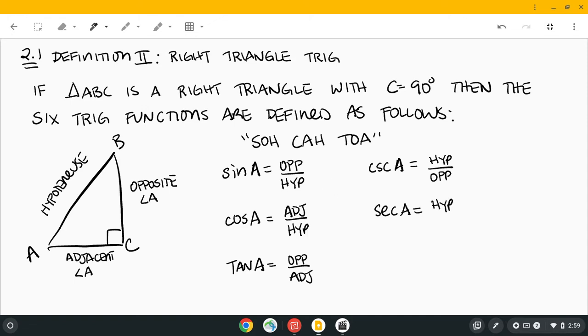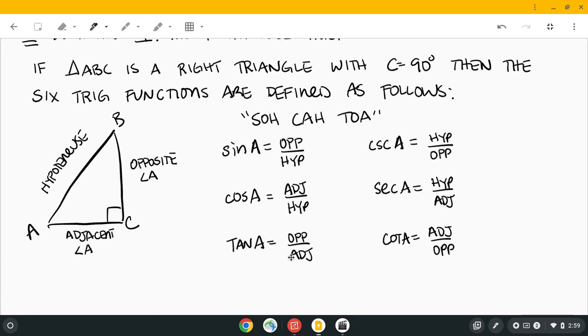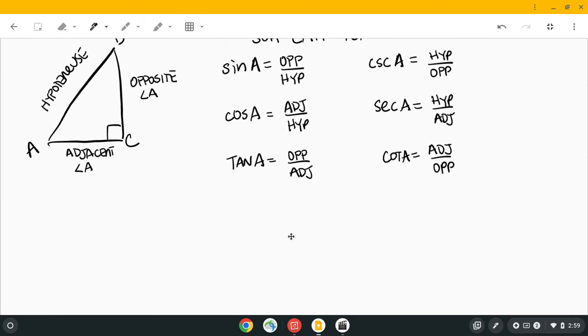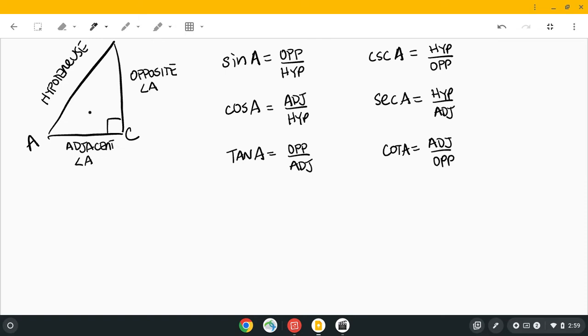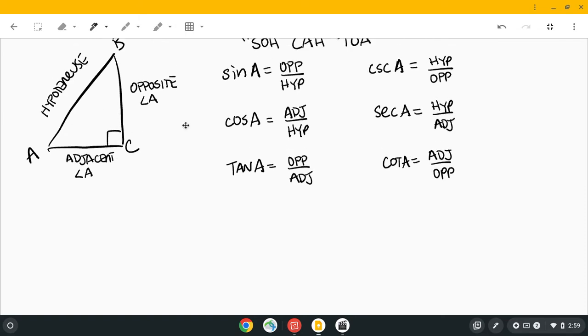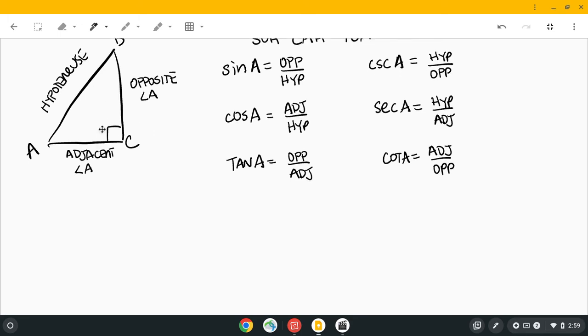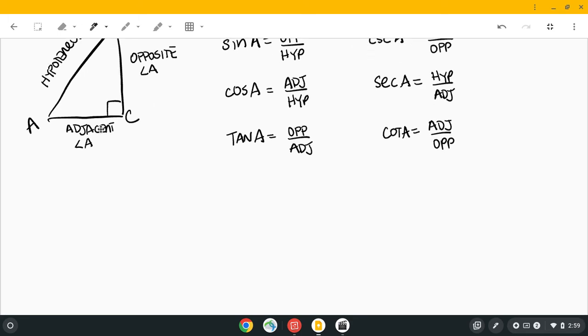And cotangent will be the reciprocal of tangent, so that would be adjacent over opposite. Okay, so if you're given a right triangle, you should be able to find all 6 trig functions if you're given enough information, like 2 sides.